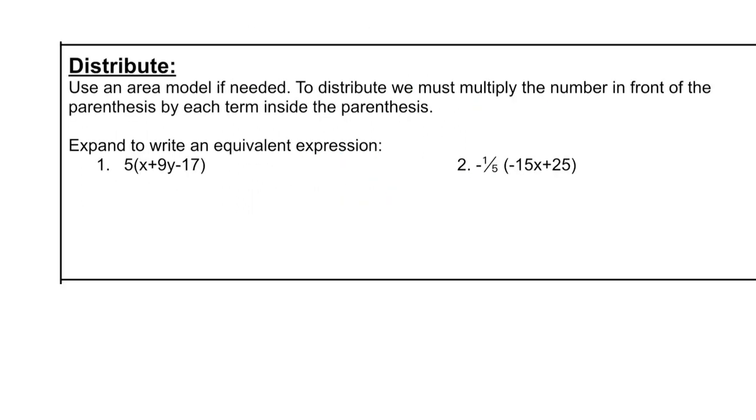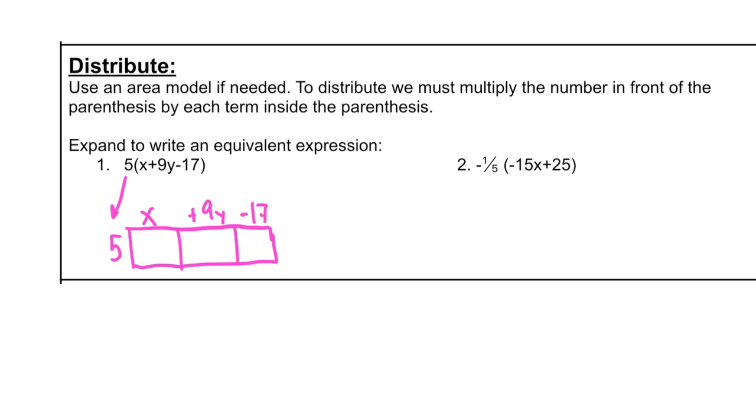All right, distributing is the next thing in this section. So to distribute, we're essentially just taking the number that is out in front of the parentheses, and we're multiplying it by everything inside the parentheses. In this case, I'm multiplying it by an x, a plus 9y, and a negative 17.